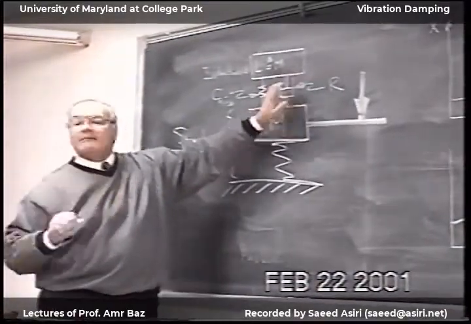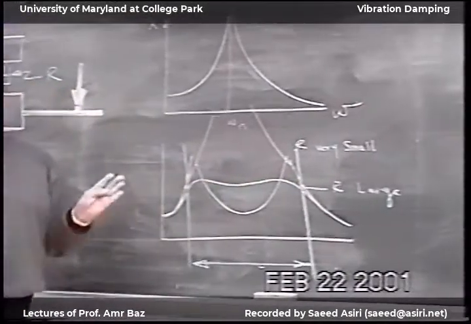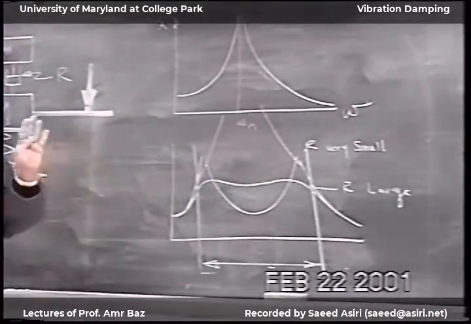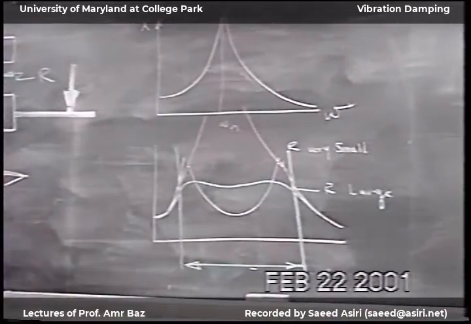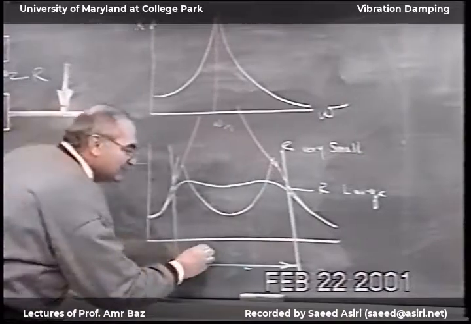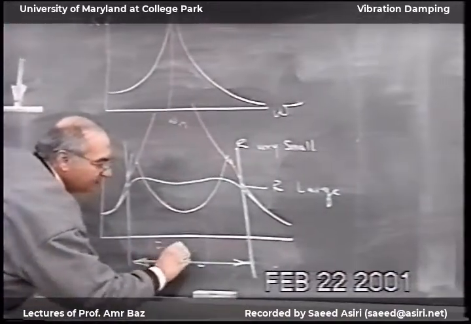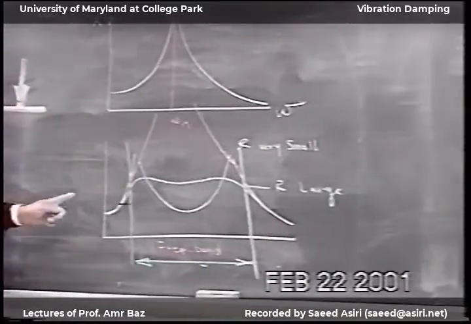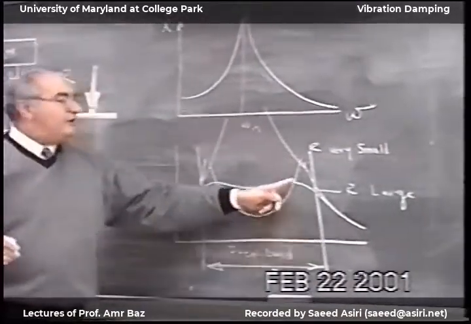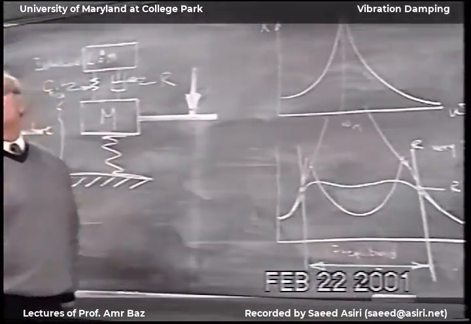Here, when I put this damping, I make it effective over a narrow band. Over a band of frequency, it is not very big, but it's a band, okay? So this is over a frequency band. So if the excitation frequency changes from here to here, I have a reasonable plateau where the amplitude is small.